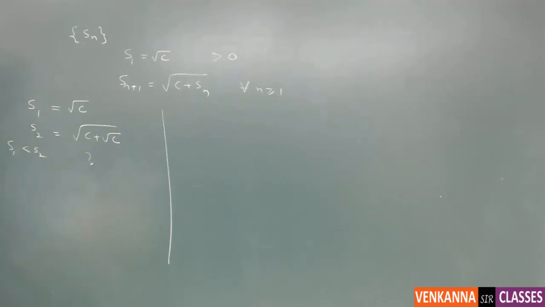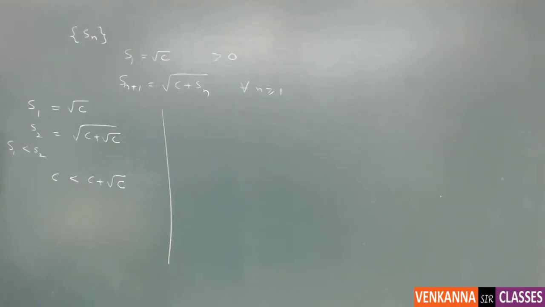How? The thing is, simply observe the terms in the square root. So we can say that C is less than C plus root C. Accepted or not?